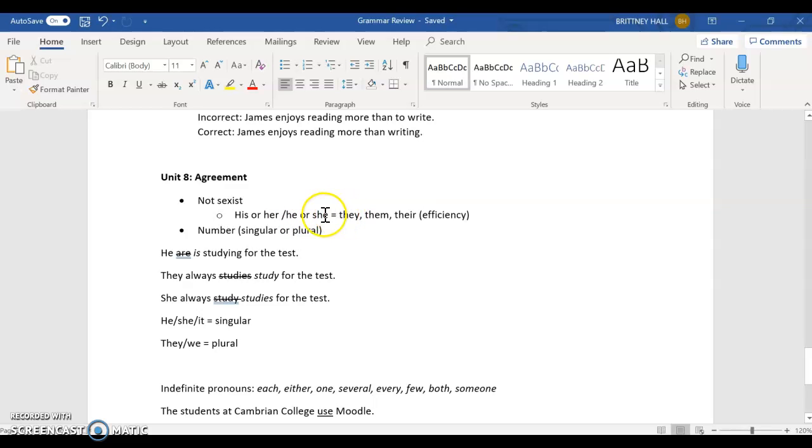You could replace those three words, his or her, he or she, with a single word like they, them, or their. For the sake of efficiency, it's also a helpful way to avoid acknowledging that you don't know someone is male or female based on their first name.